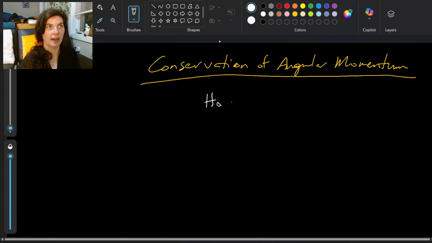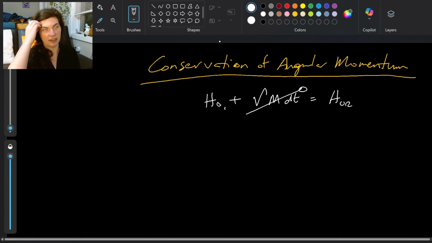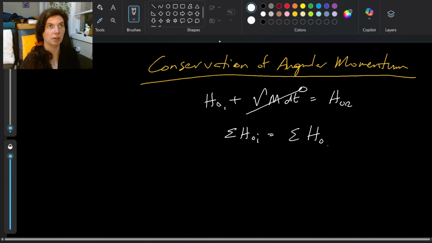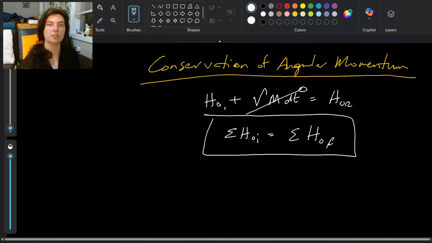Remembering that our initial momentum plus those angular impulses equals our final momentum, if this term is 0, if there are no external forces that cause a moment, no applied moments on the system, then our conservation of angular momentum says that our initial angular momentum is going to equal our final angular momentum. This is our conservation of angular momentum.